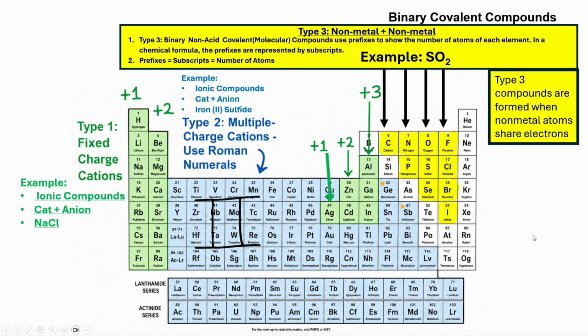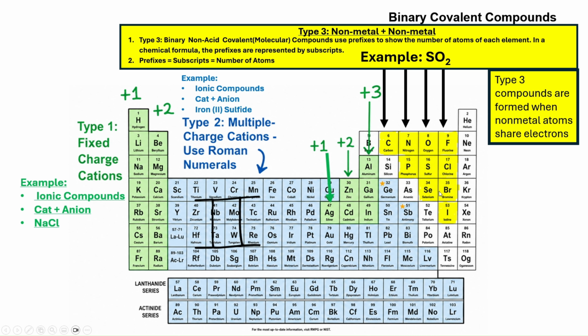So as mentioned previously, a type 3 compound is usually composed of two different nonmetals, and those nonmetal atoms share electrons. The nonmetals that make type 3 are found here in the yellow area.